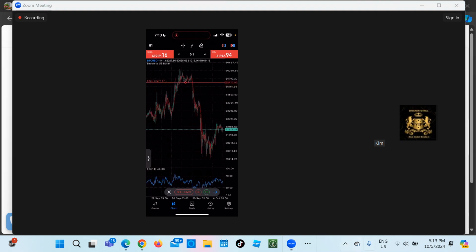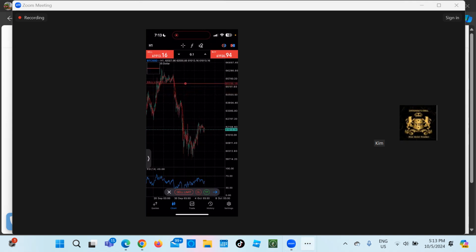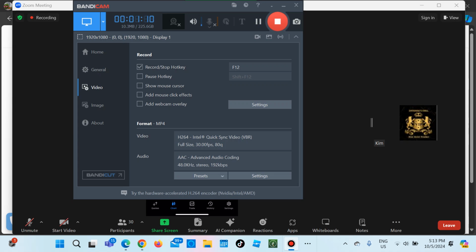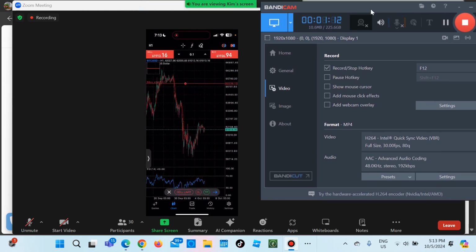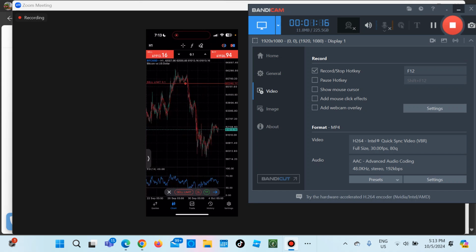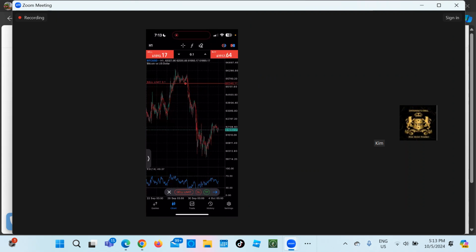So how do I place that? Let's say I send a signal around this area, 65371. I would do it depending on your capital. Kung capital nyo po ay around $500, you would risk around 5% of that.